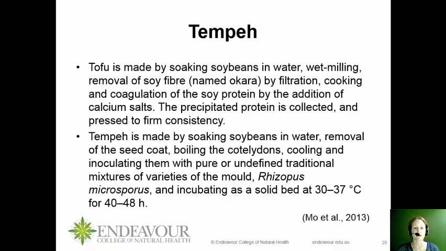So tofu is, you can see there, you soak soybeans, cook and coagulate the soy protein, add calcium salts, and that brings it all together. And the protein that precipitates from that solution is collected, pressed, and it just kind of depends on how long that process goes for as to whether it's soft or firm tofu.